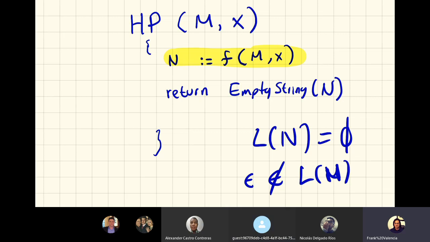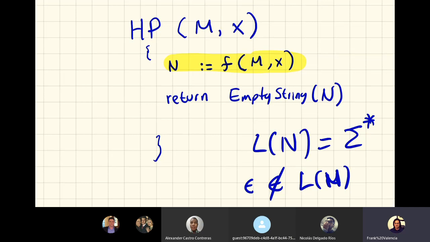Now, what happens if the empty string that Alexander said actually belongs to N? What can I say of the language of N? Es sigma asterisco, o sea, todos. Exactly. And if it's sigma star, what can I say about M and X?